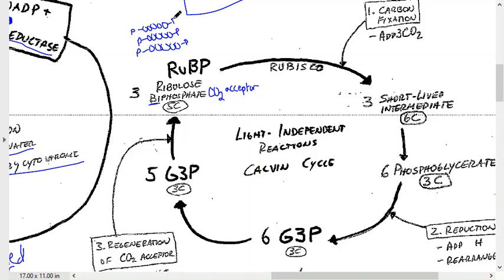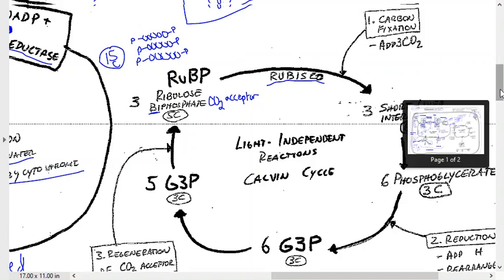All right, so there's your 3 RuBPs, your ribulose biphosphates, for a grand total of 5 times 3, 15 carbons. There's an enzyme called Rubisco. So we're gonna go through the cycle.